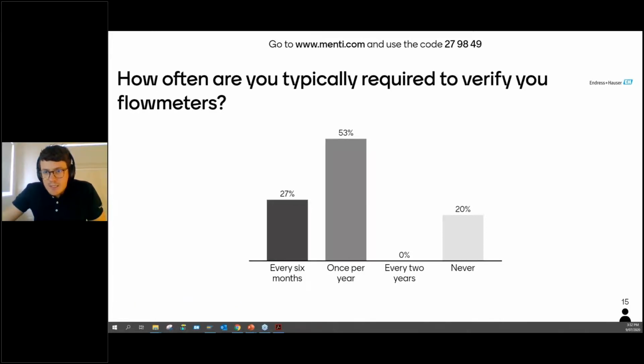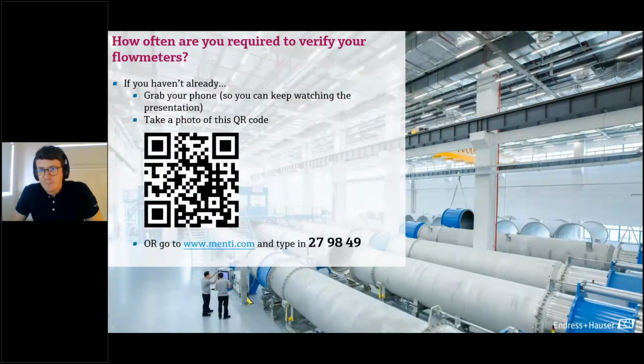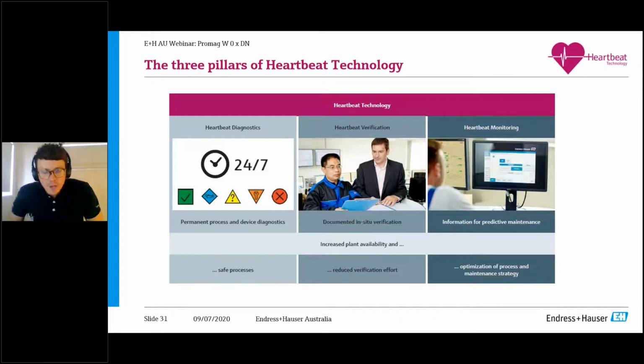So I'm just going to explain to you heartbeat self-verification. One second. Switching back to the main screen. For any of you who've seen our previous webinar on heartbeat technology, we did one on liquid analysis, I think in around April time, you'd know that there are 3 pillars to heartbeat technology. The first being diagnostics, that's permanent process and device diagnostics, which we have in the vast majority of our devices, and they are supplied as standard.